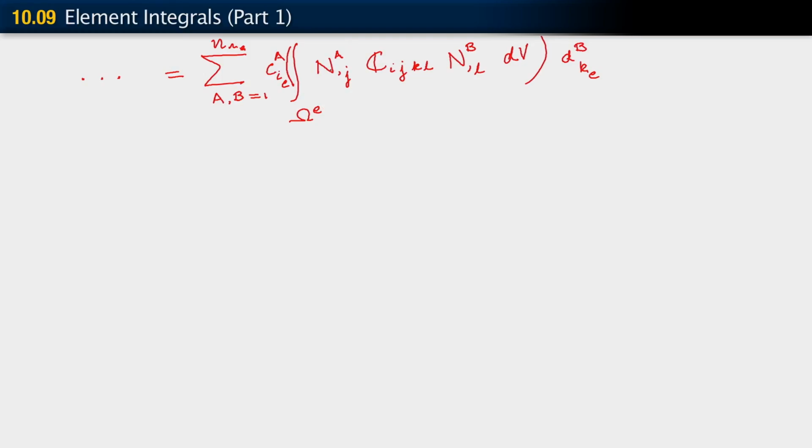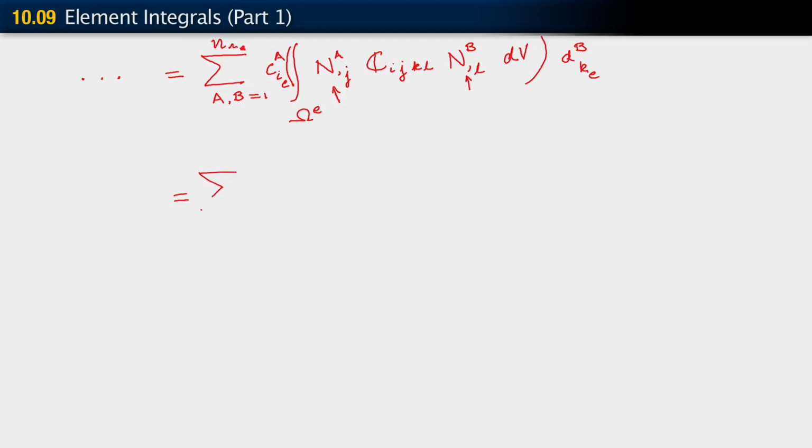To proceed, remember that we know how to compute these gradients, right? We looked at that at the end of the last segment. So we know how to compute these gradients, no problem. All right, let's move on. Remember what the next step is? It is to carry out a change of variables and rewrite the integral here as an integral over the bi-unit domain.